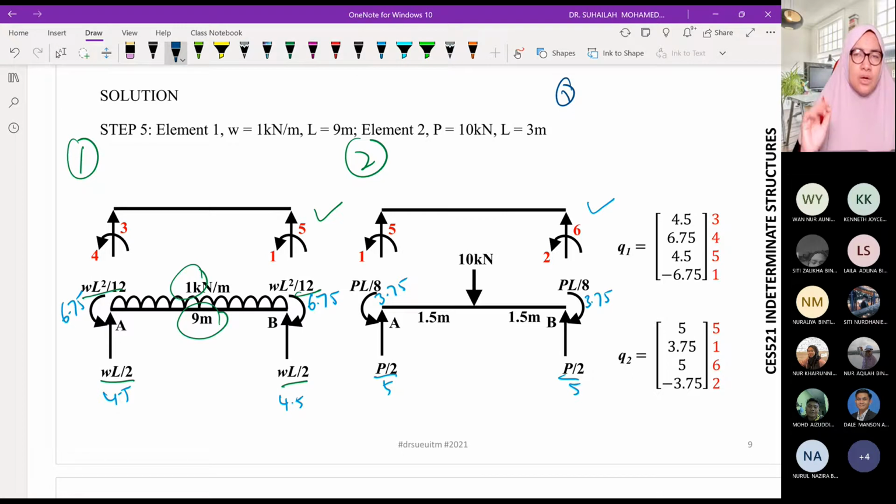Equivalent nodal forces. Q naught, Q capital. Q capital is for the whole structure. Small letter is for element. So now we are calculating equivalent nodal forces for element. For element, label dia label Q small letter.